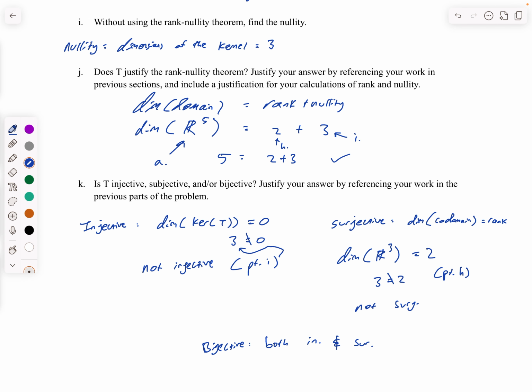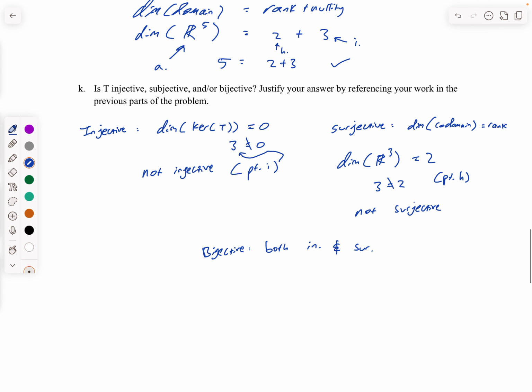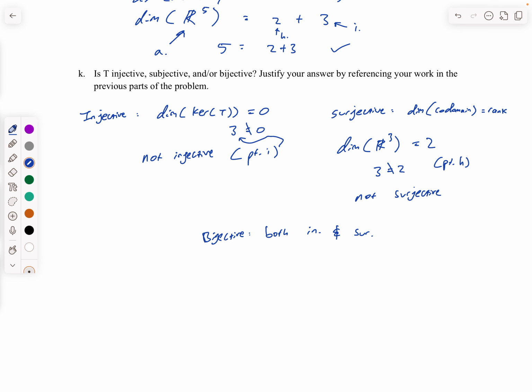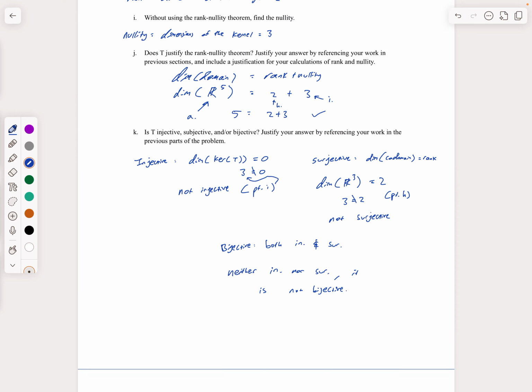So this one is not surjective either. Okay? And for something to be bijective, it must be both injective and surjective. And since it is neither, it is not bijective.